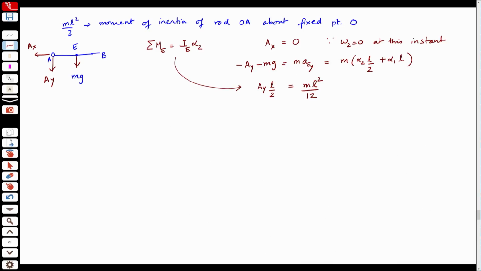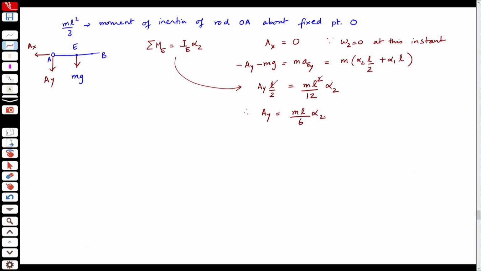So the moment of inertia is ml square by 12 times alpha 2. So I can say therefore AY equals, I can cancel this out, ml by 6 alpha 2.